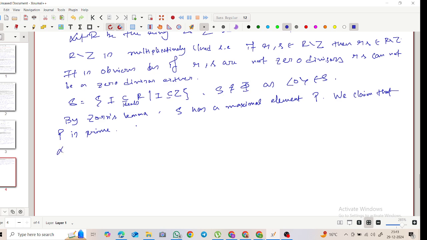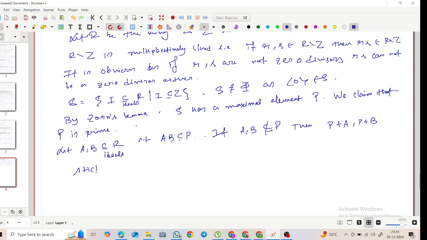So let A, B be two ideals in R such that AB is in P. Okay. If neither of them is in P, then P plus A and P plus B are two ideals that strictly contain P, right?